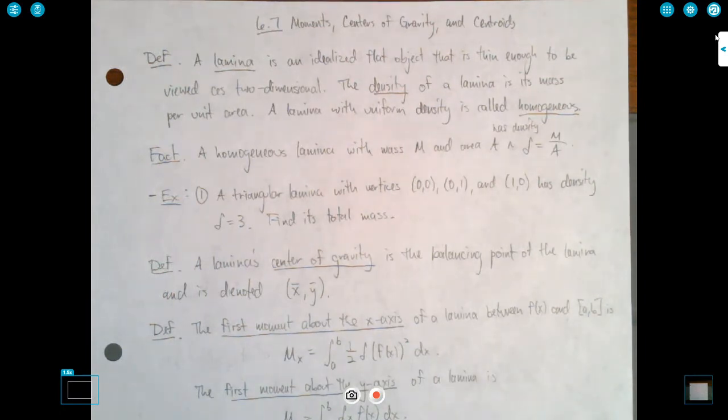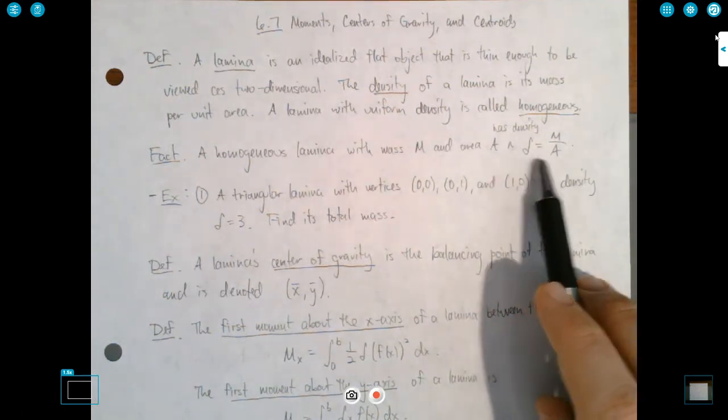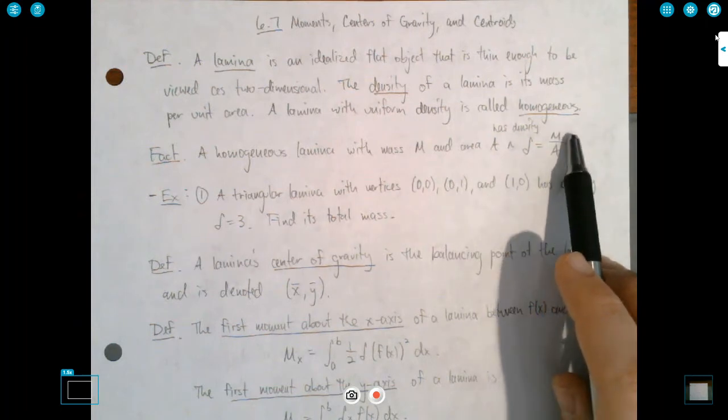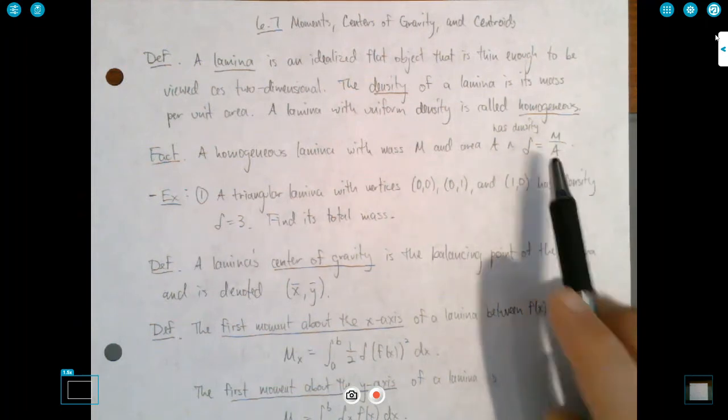And so that's a pretty simple concept, but just to give you a quick example of that, example 1: a triangular lamina with vertices (0, 0), (0, 1), and (1, 0) has density delta equals 3. Find its total mass. Well, if its density is mass over area, then its mass is density times area, right?